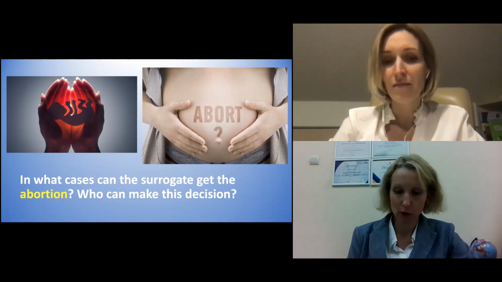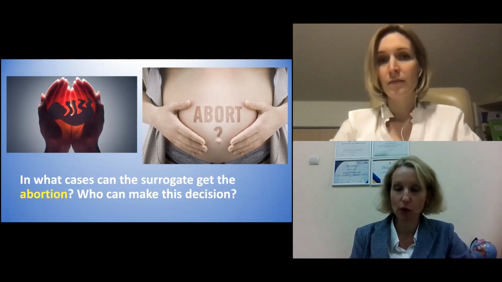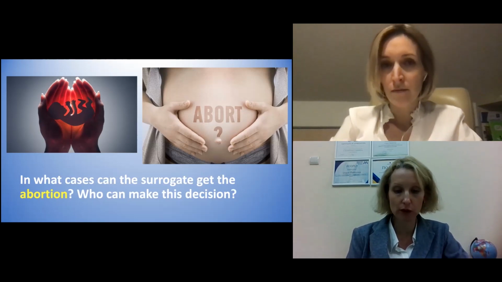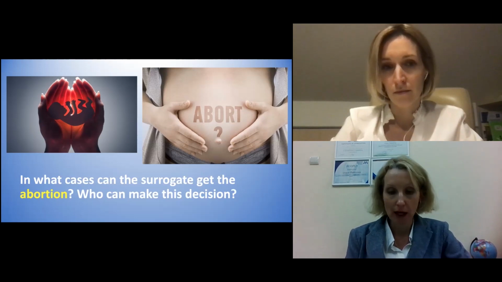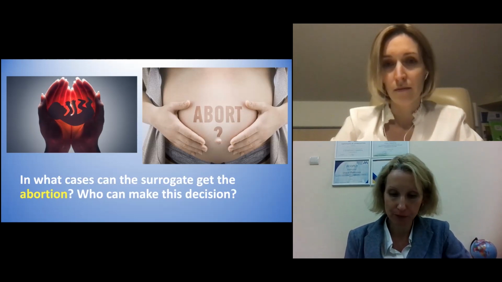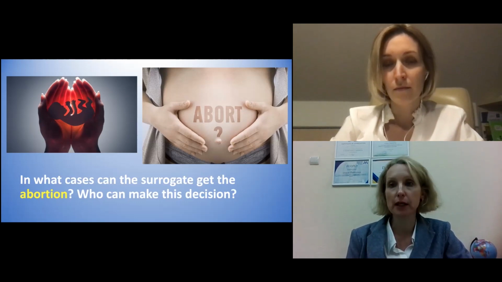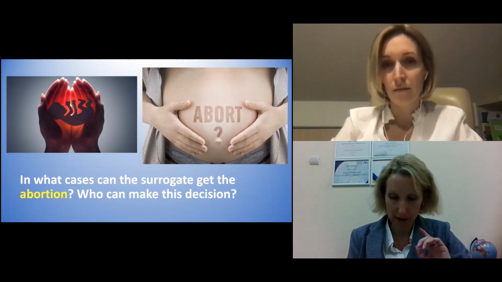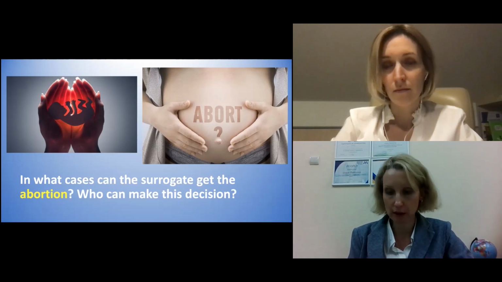About abortion. We have an article of the Civil Code of Ukraine, which is called the right to life. And it says that artificial termination of pregnancy, if this pregnancy does not exceed 12 weeks, may be realized at the will of the pregnant woman.